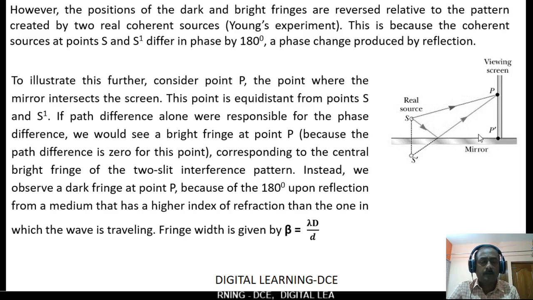Instead, we observe a dark fringe at point P because of the 180 degree phase change upon reflection from the medium that has a higher index of refraction than the one in which the wave is traveling. The fringe width in this case should be lambda into D by d as in Young's double slit experiment. Therefore, fringe width beta equals lambda into D by d.